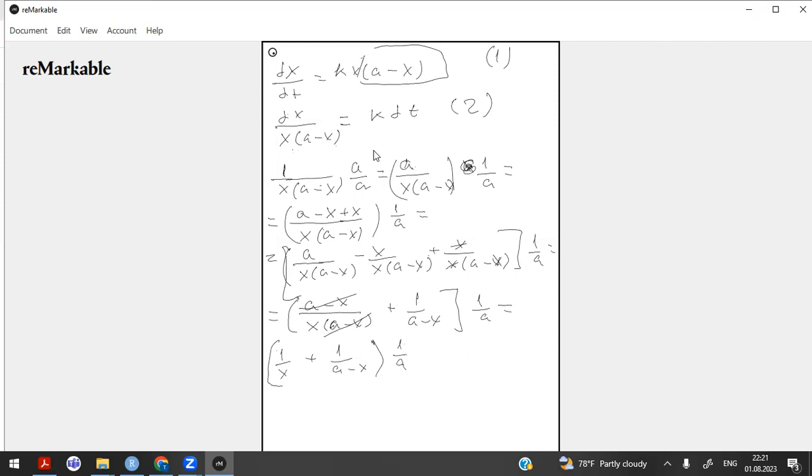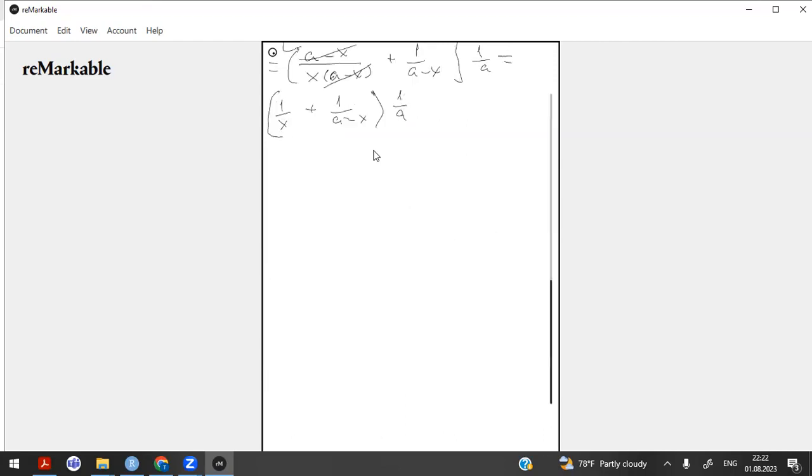This is a really good thing, because now instead of a product we have separate terms, so we can split the integrals. Let me rewrite the whole equation.